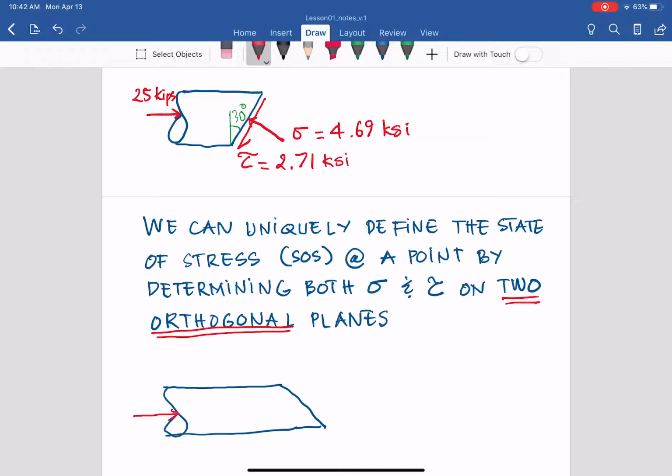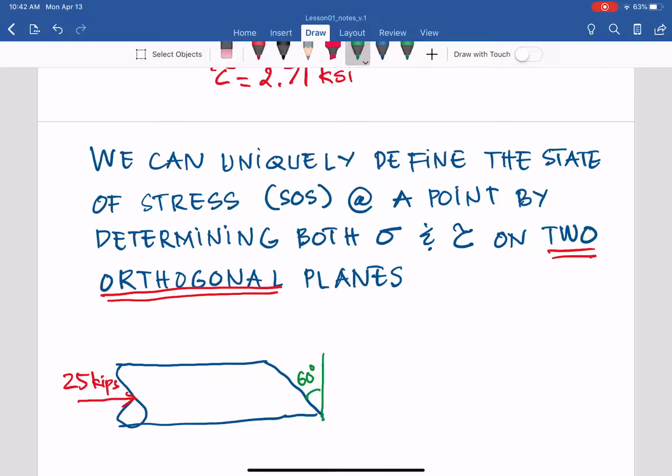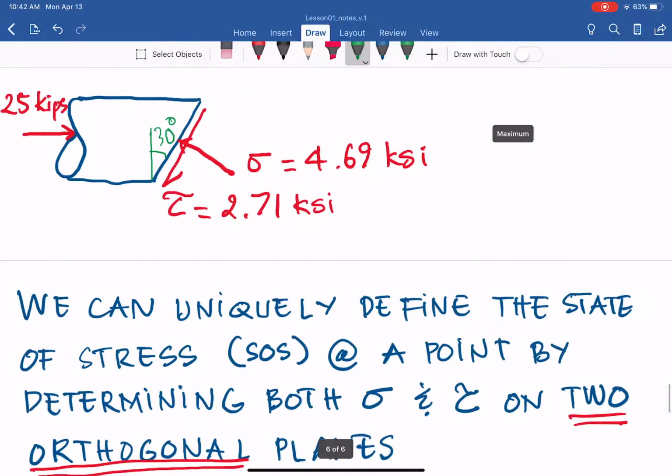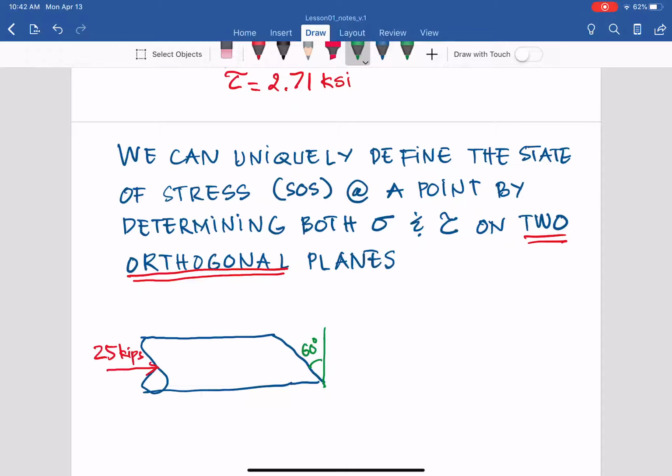Similarly, it will be the force 25 kips again, but instead of making the cut 30 degrees to the right, we make an angle theta of 60 degrees in this case. The original cut is 30 degrees in the example above, and the 60 degrees is to the left. So from the transverse, 60 degrees counterclockwise and 30 degrees clockwise will form an orthogonal axis.